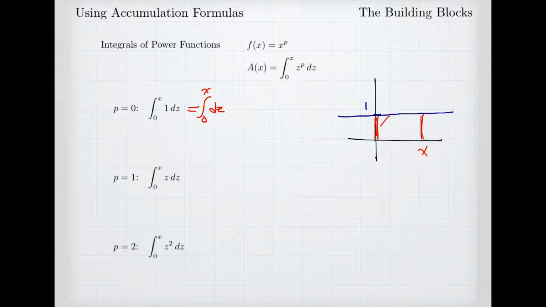With a height of 1, we can easily calculate the area of that rectangle. And so we've got a height of 1, a width of x, and so this area is x. And that gives me my first definite integral.